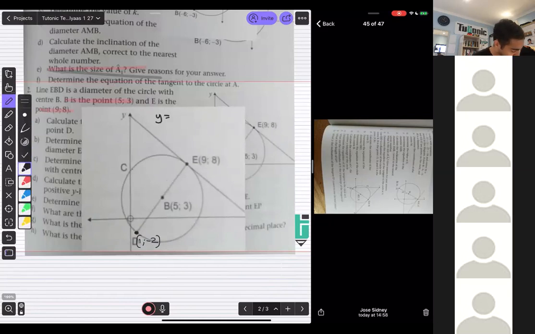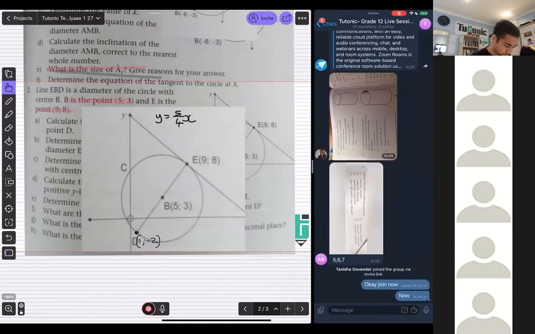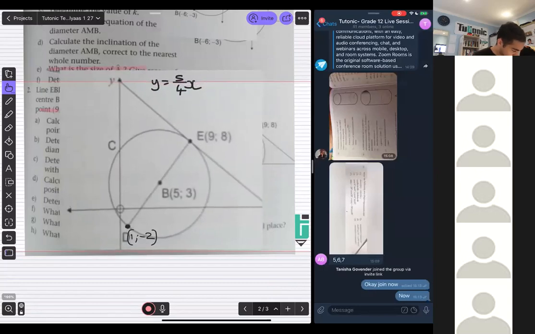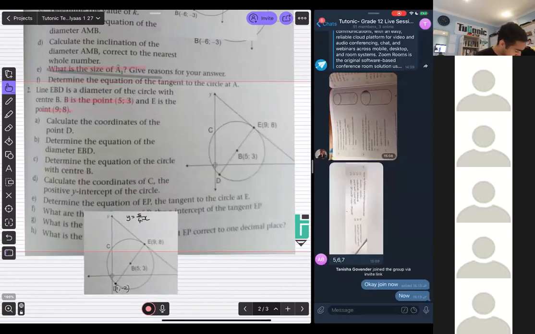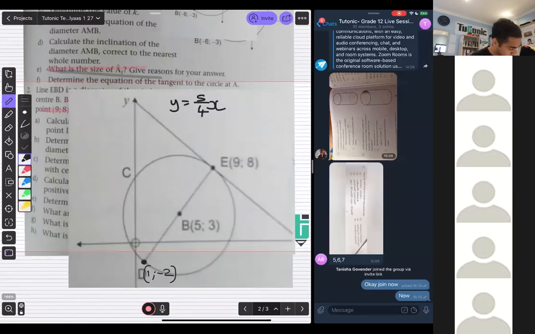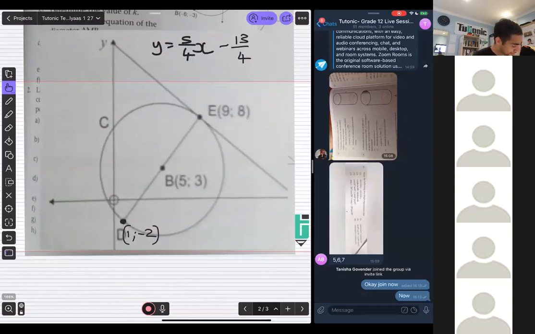Y equals 5/4x. Okay, move on. It's y equals 5/4x minus 13/4. Great.